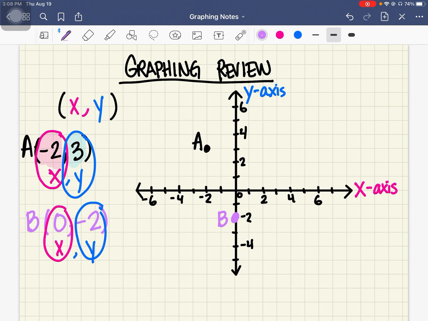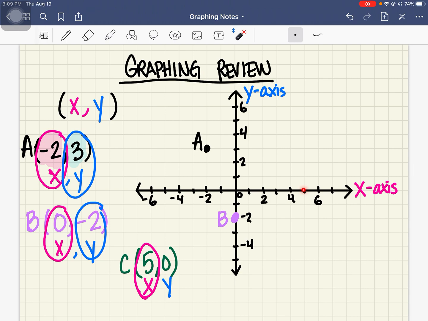All right. Let's use green. So then let's say C is 5, 0. Okay. My first coordinate is x. My second coordinate is y. If x is 5, I go along the x-axis to where 5 is, positive 5. That's over here.